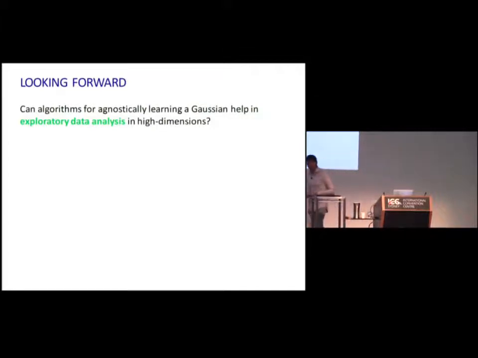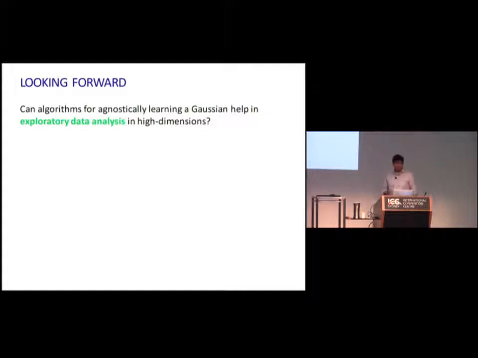But this latter experiment shows you that even algorithms created in this idealized model for robustly estimating a Gaussian can have interesting implications for exploratory data analysis. This is what robust statistics was first designed to do: if you could compute the Tukey median, that would be a great way to create a summary of some cloud of points.